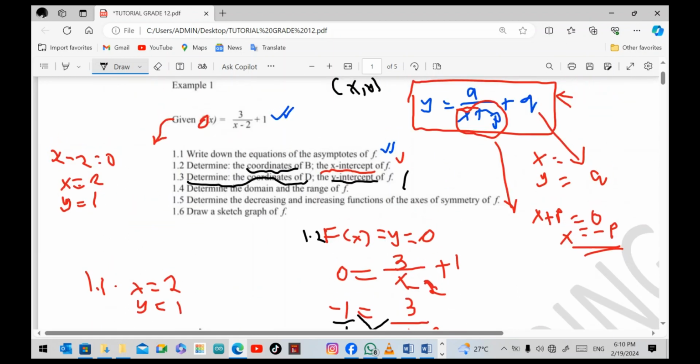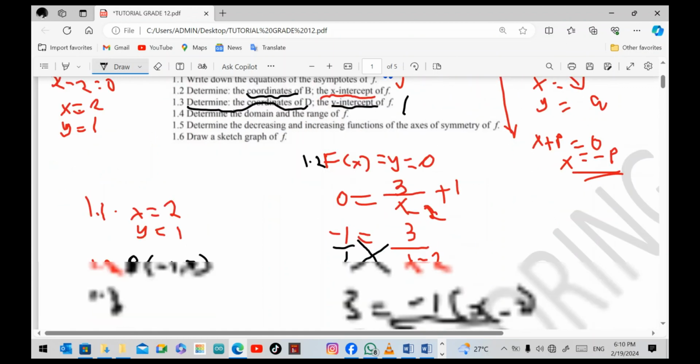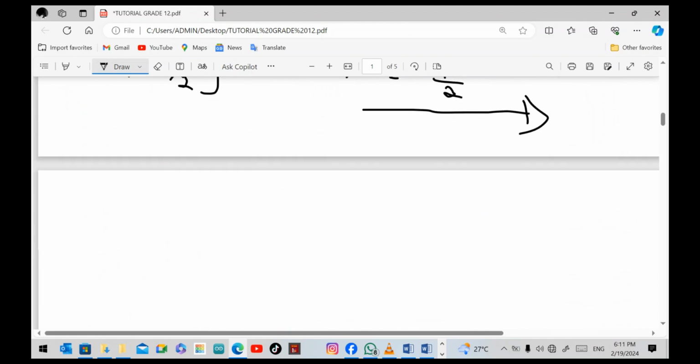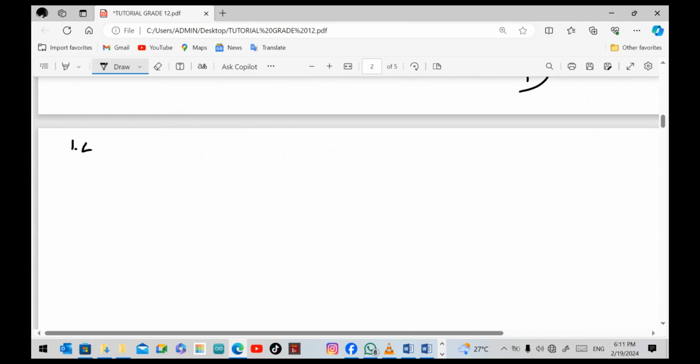Now determine the domain and the range of f. The domain has something to do with x, and the range has something to do with y. So now 1.4: the domain and the range.